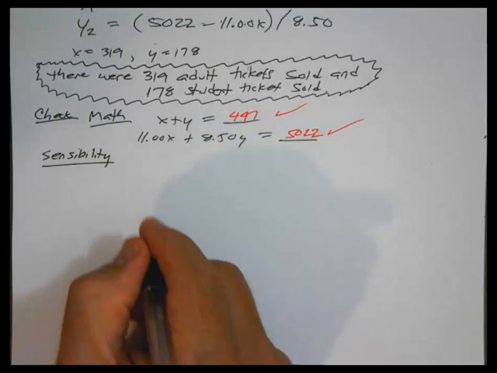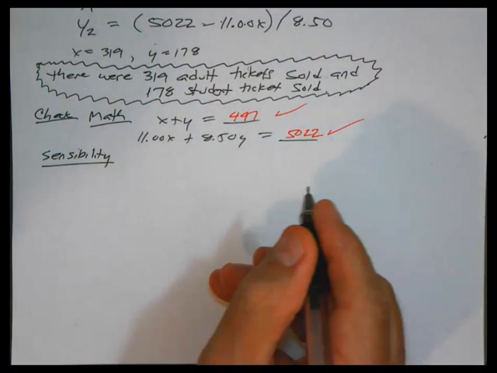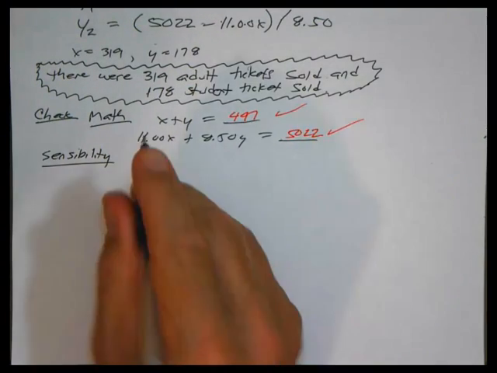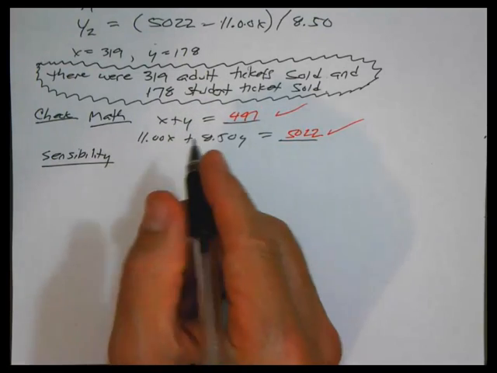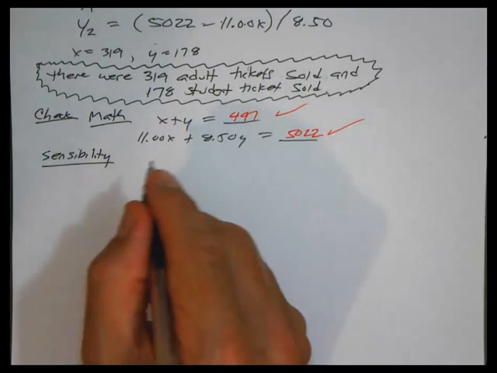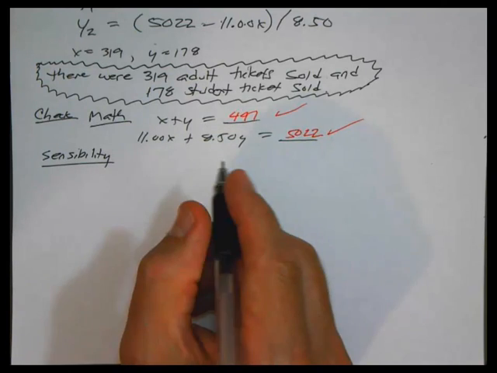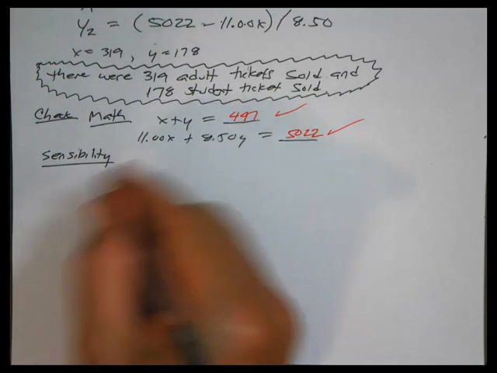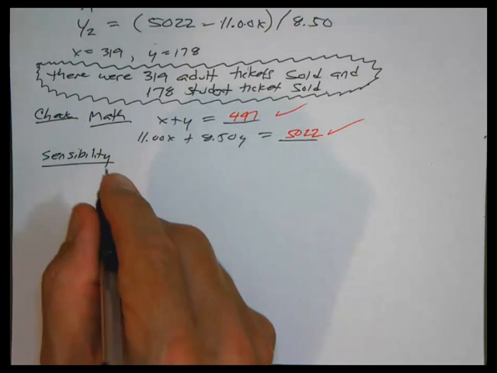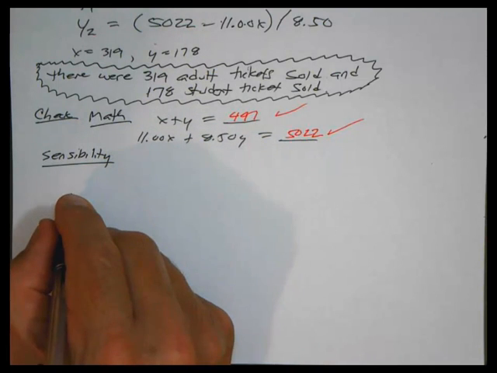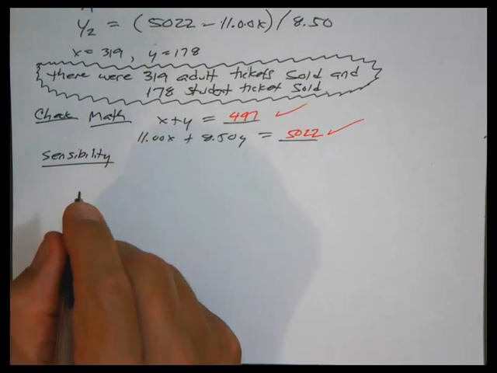of this solution here. Now, one thing is kind of nice to see. The 319 and the 178, those two numbers, they add to 497. That's kind of the same as a math check in a sense. But otherwise, what else could we do here to make this solution feel right?